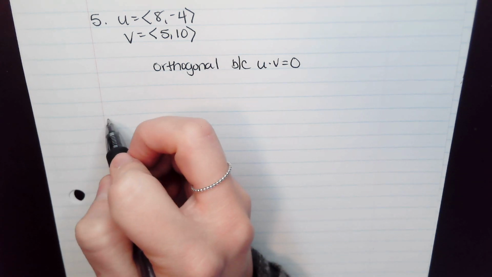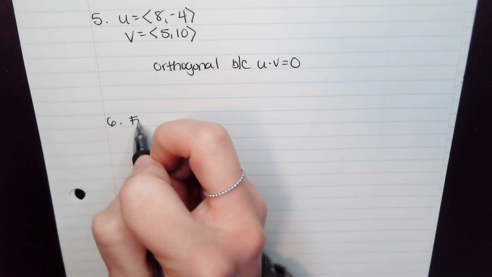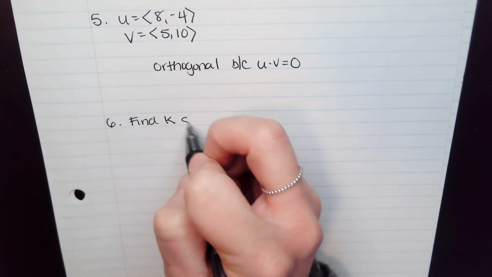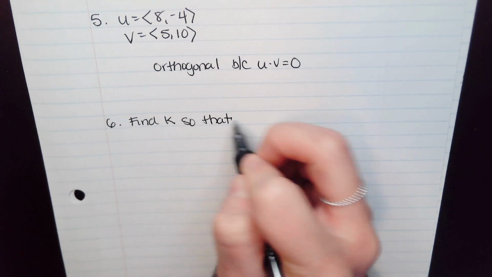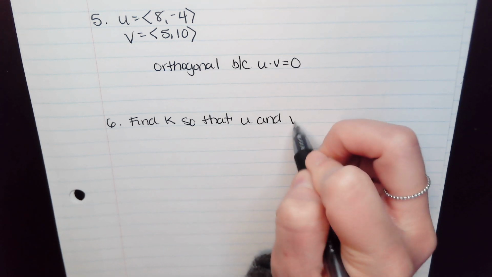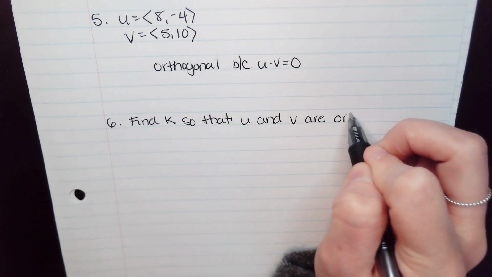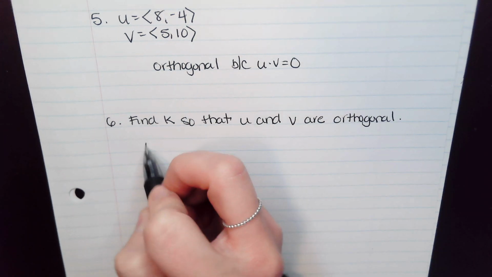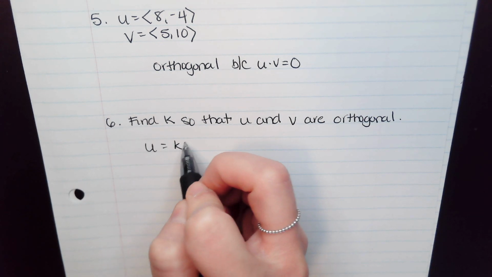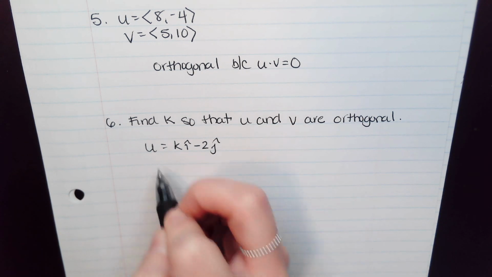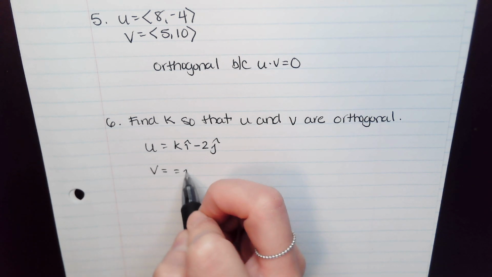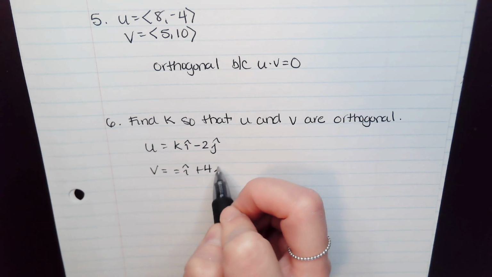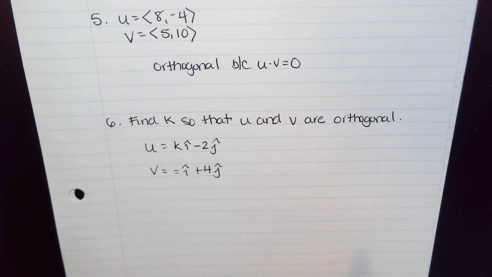Okay, and the last one for practice we'll do: find k so that u and v are orthogonal. So u is k i minus 2j, vector v is i plus 4j.